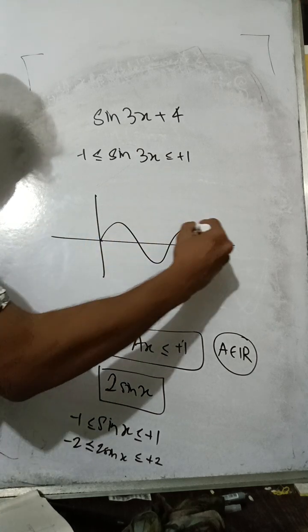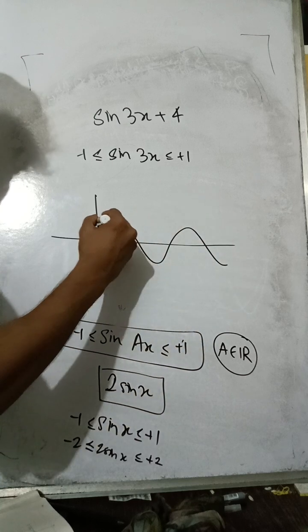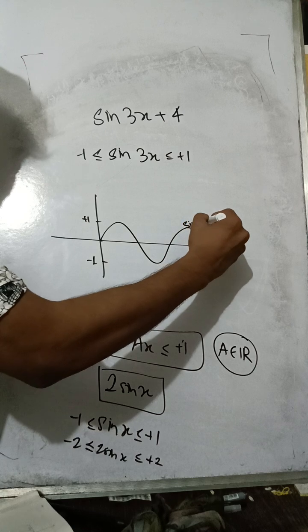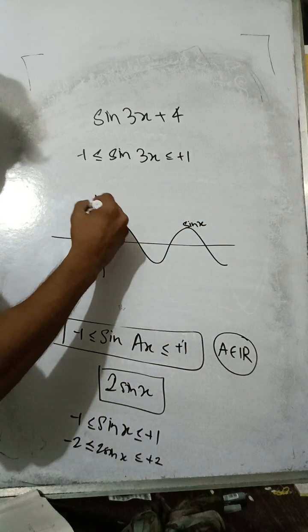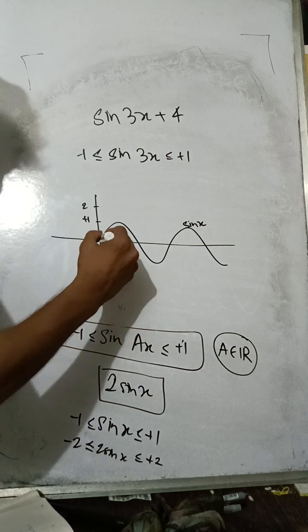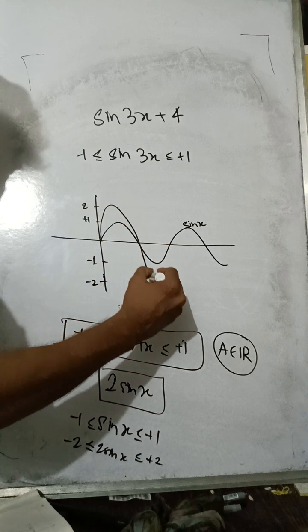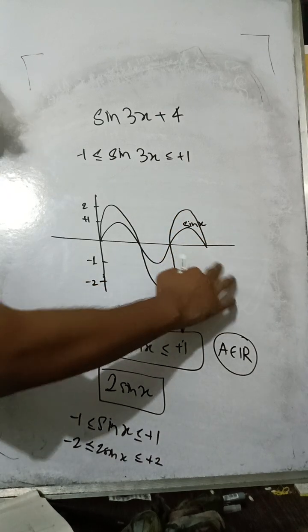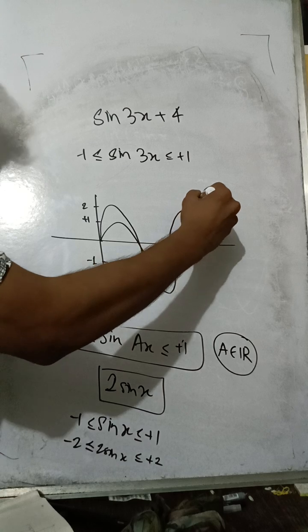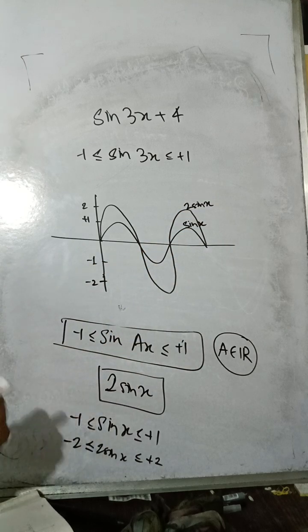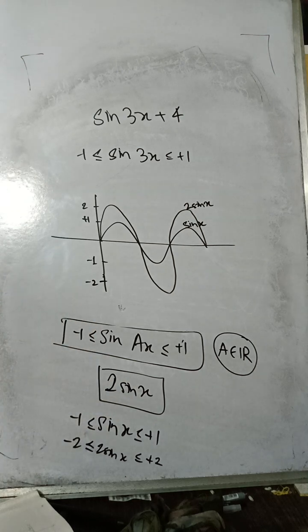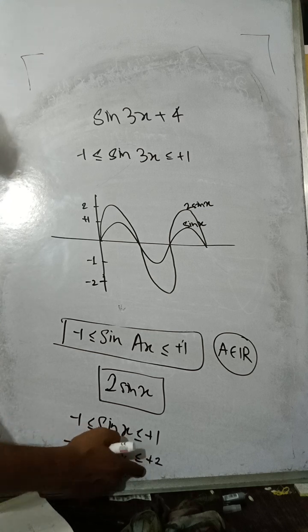Suppose this is sine x, this is 1, this is minus 1. How will 2 sine x look? This is 2, this is minus 2. 2 sine x will look something like this. In 2 sine x, the amplitude gets doubled, so the minimum value is minus 2 and the maximum value is plus 2.